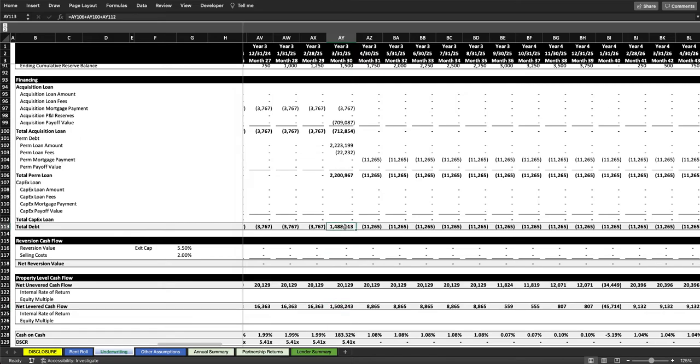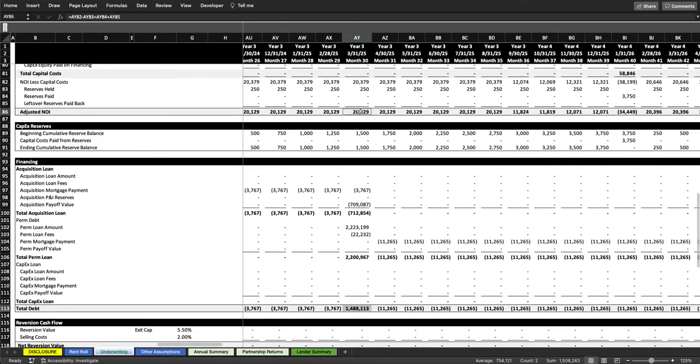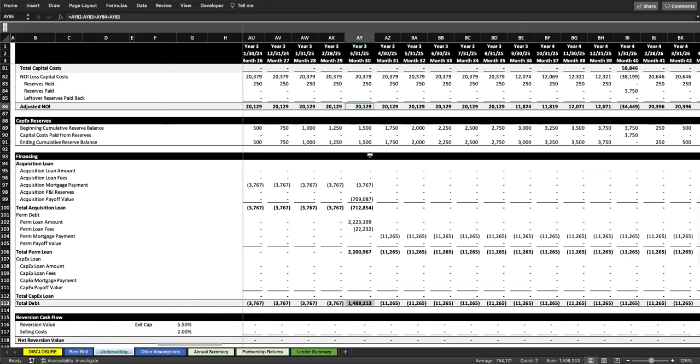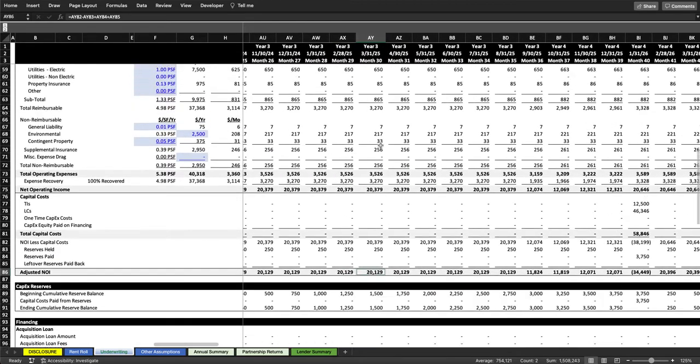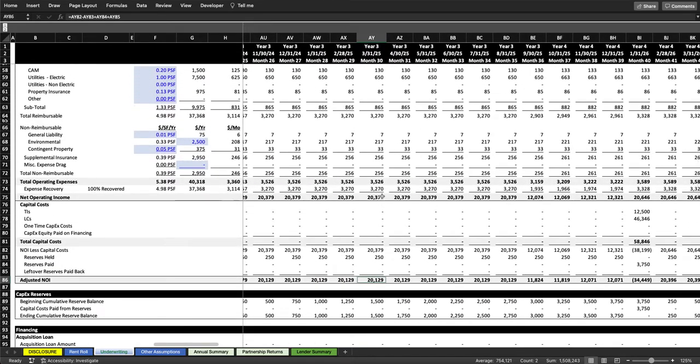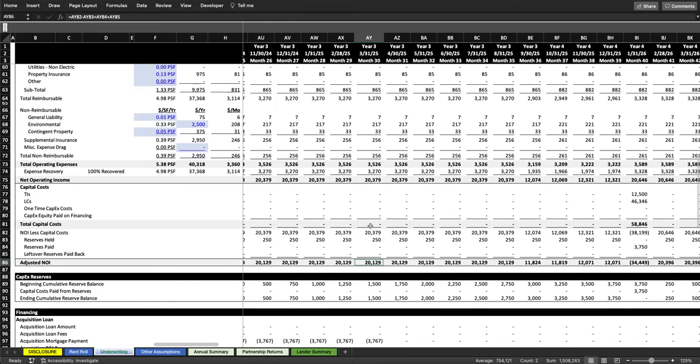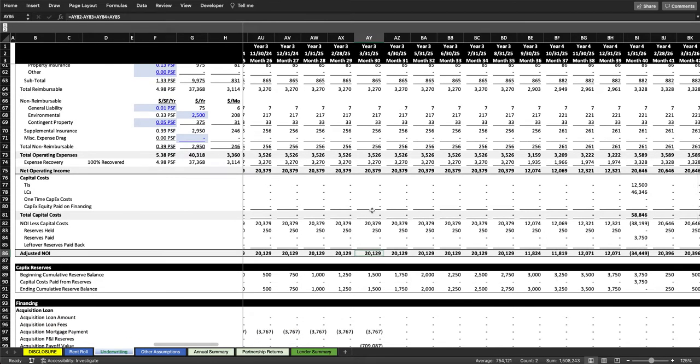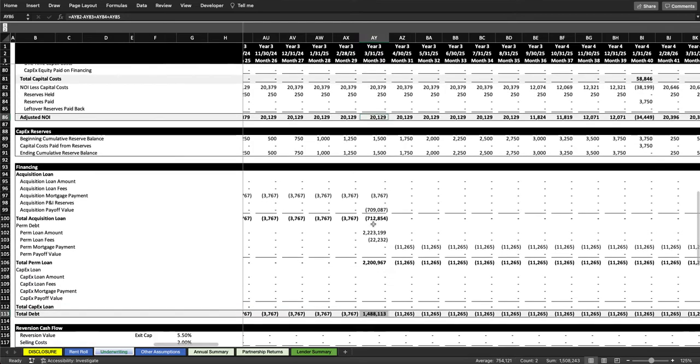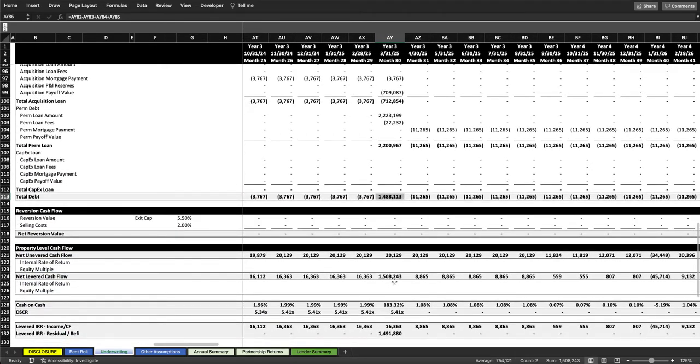So it's $1.48 million plus that $20,000 in adjusted NOI, which is that $20,379 less the amount you're taking out in reserves, and that's going to total that net levered cash flow figure of $1.508 million. I hope that makes sense.